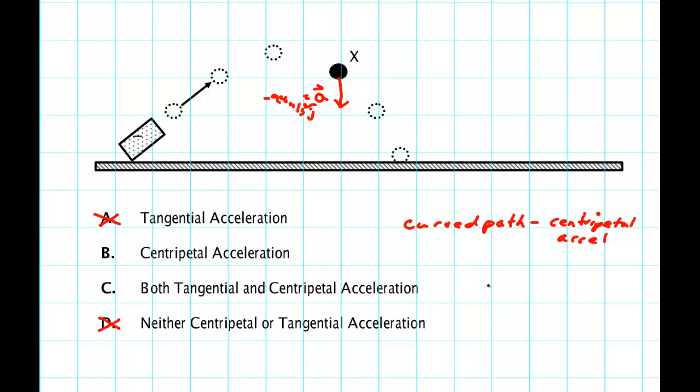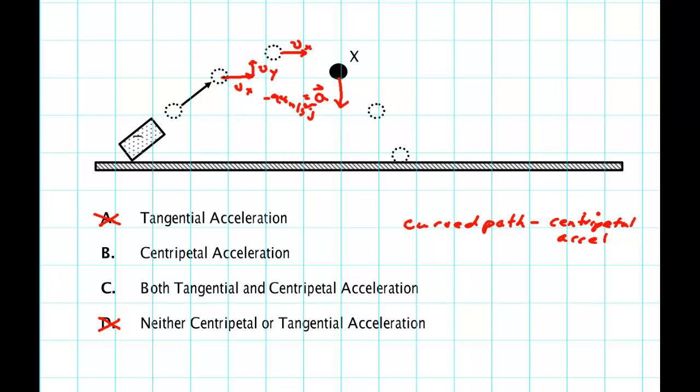Now the question is, does it have tangential? Well, as the ball goes up, its y component of the velocity is changing. When it gets here, its velocity vector is the same along x, but it has no y part. Here it has the same x part, but it also has a little y.